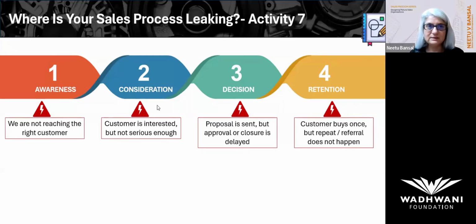There is a concept called the decision making unit, DMU. There is the procurement manager, who is, according to me, and I'm trying to be diplomatic here, the most difficult person to sell to, because the procurement manager's job is only to reduce the price.